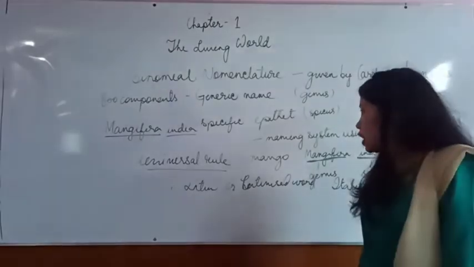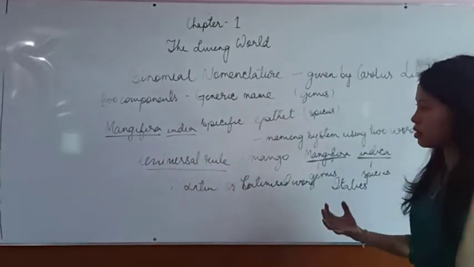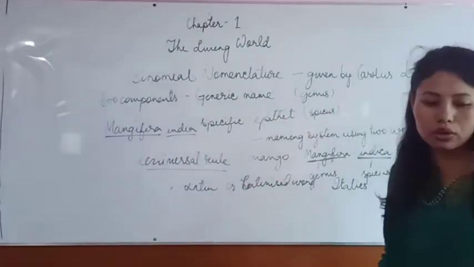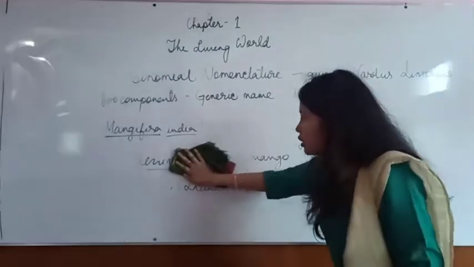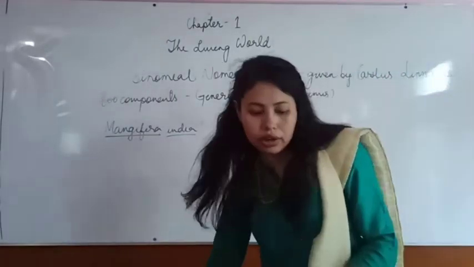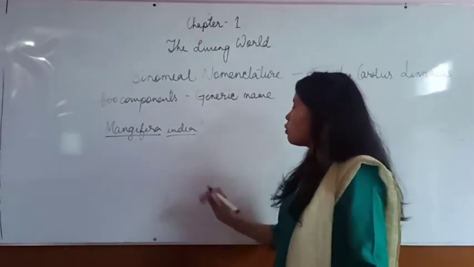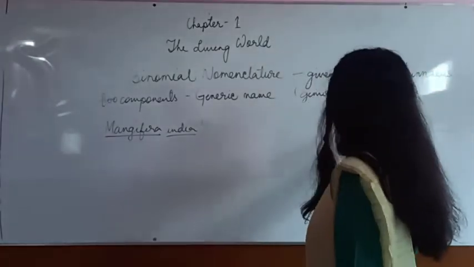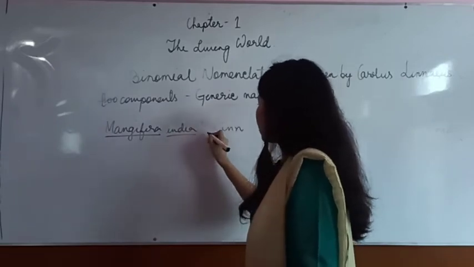Sometimes, if we know that a particular organism was described by a particular biologist or taxonomist, then you can write the name of the person who described it for the first time. So Mangifera indica was first described by Carl Linnaeus, and it is written like this.